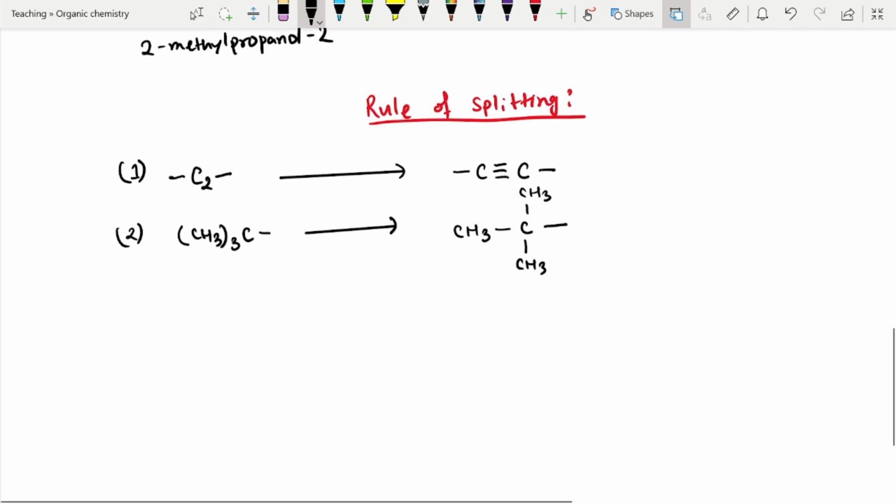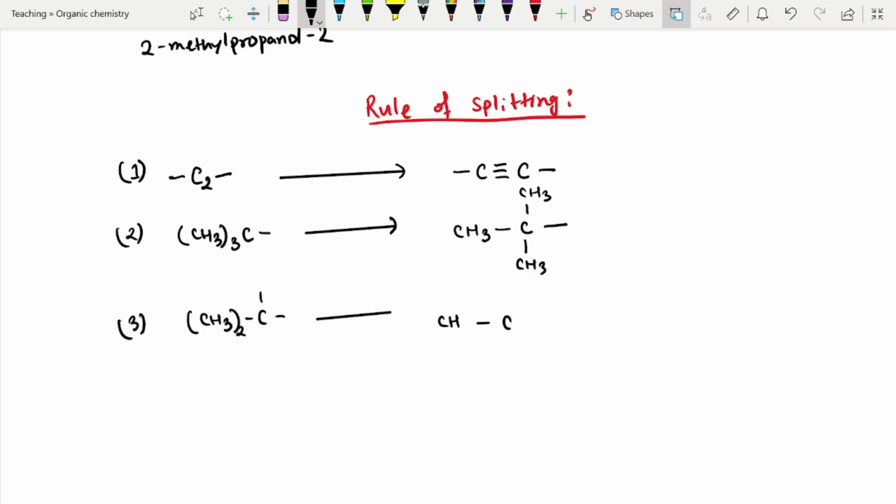Okay, then number three is, you will find something like this, CH3 twice bond C, and if you split there, it will be like this, CH3 bond CH3 bond.